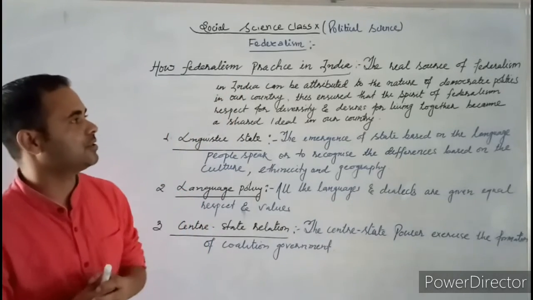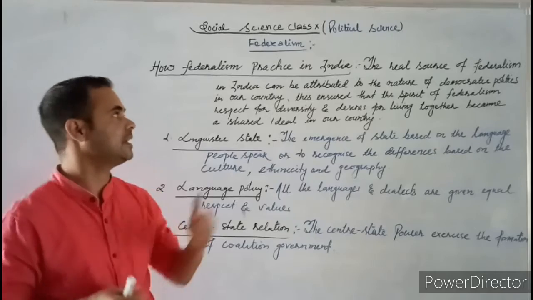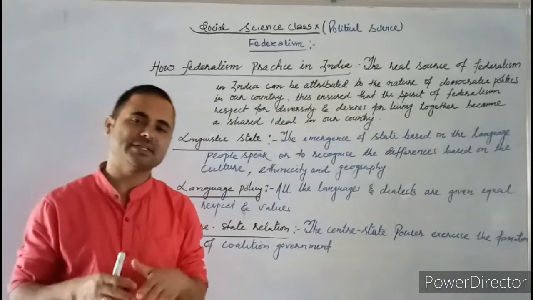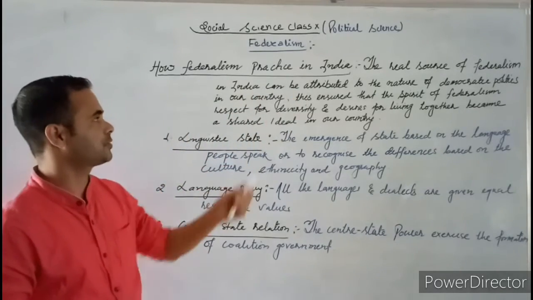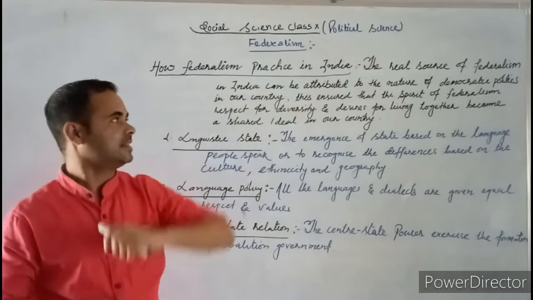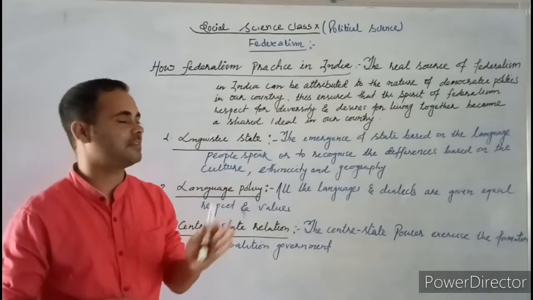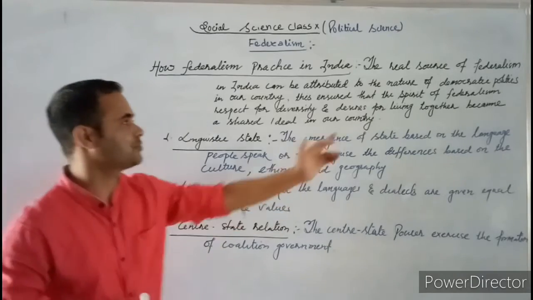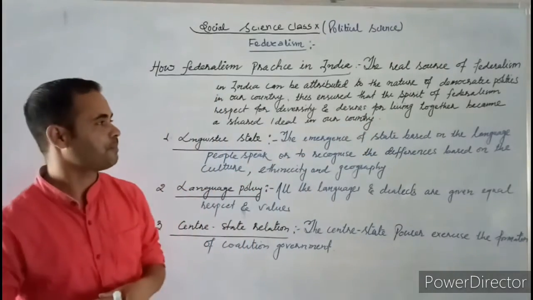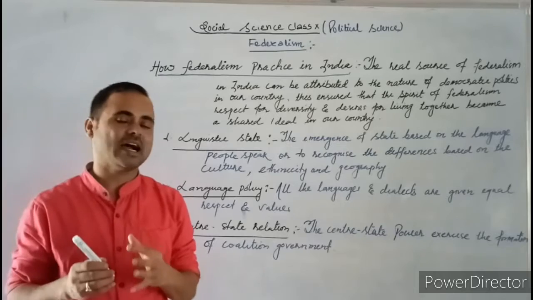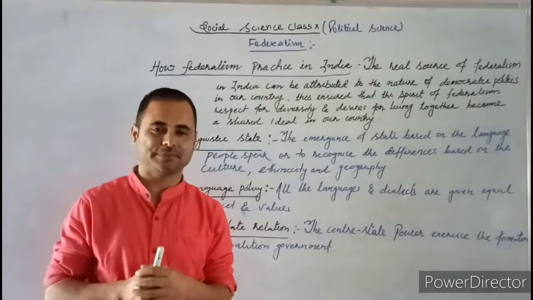It is said that the real source of federalism in India can be attributed to the nature of democratic politics of the country. This ensured that the spirit of federalism, respect for diversity and desire for living together became a shared ideal in the country.